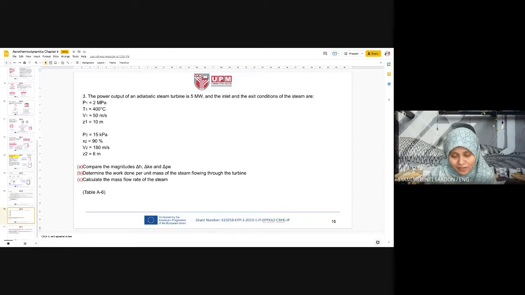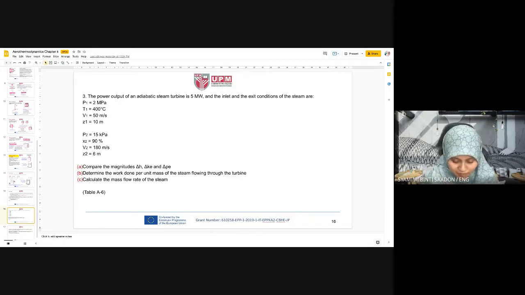We haven't learned entropy yet, as entropy concerns the second law of thermodynamics. But at least you can sketch first the process, even though we are not going to calculate the entropy. At least we know how to locate the inlet, outlet, the process in a TS diagram.